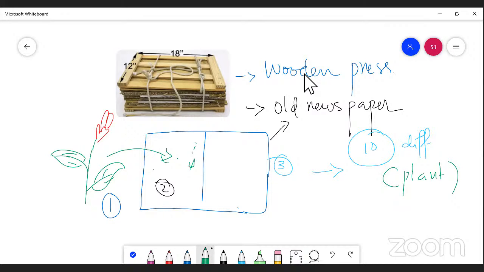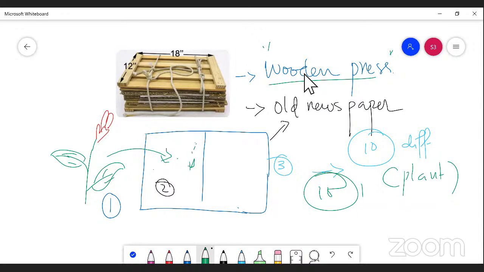All these 10 collected plant materials, spread out on newspaper, are arranged one above another. After arranging these 10 plant materials covered by old newspaper, they are left in the plant press or wooden press.